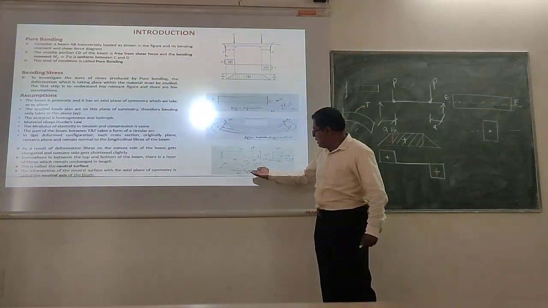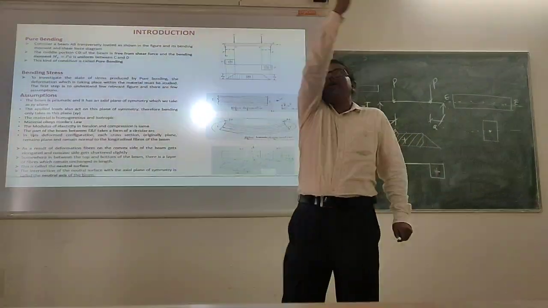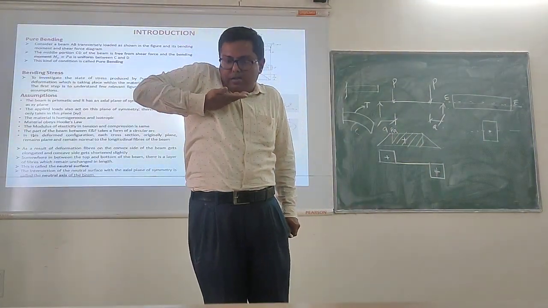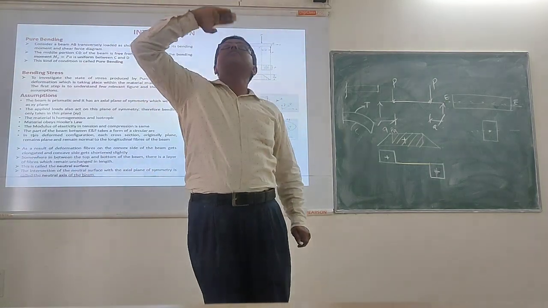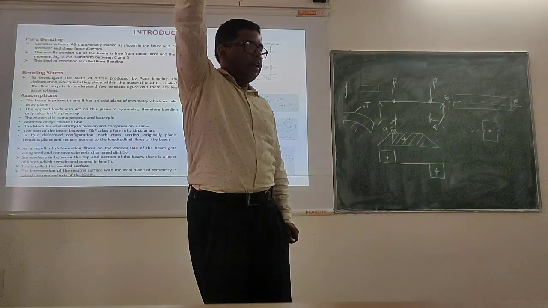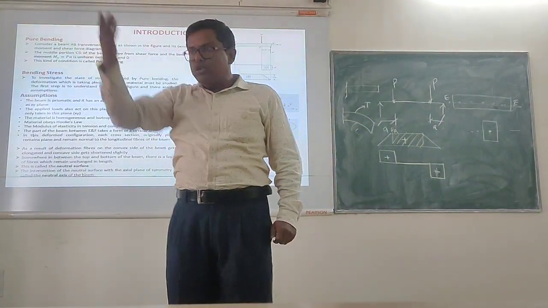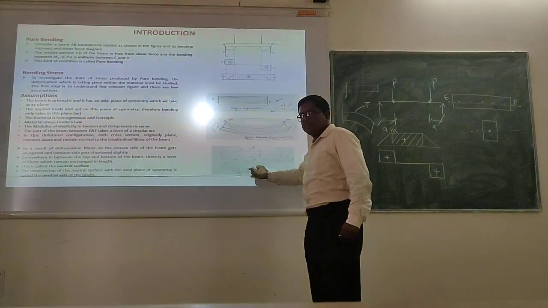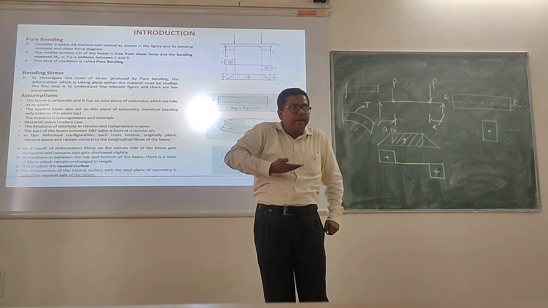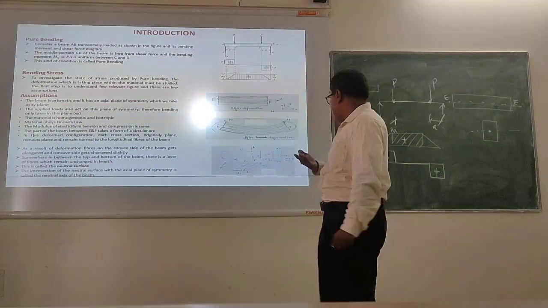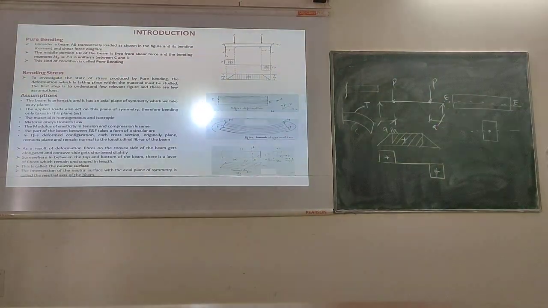So you see, there is a plane. If I cut this beam in between, horizontally, like this, there will be a plane coming, which will look something like this. It will be a rectangular kind of plane, and in that plane, in the middle, you will observe that there is no extension of the fibers happening. Okay?